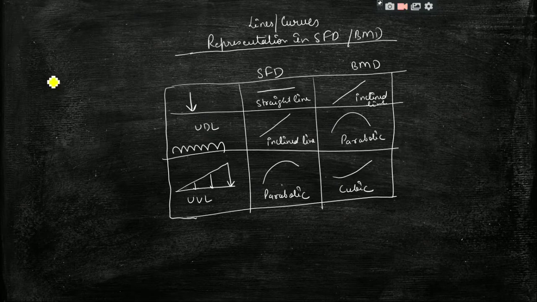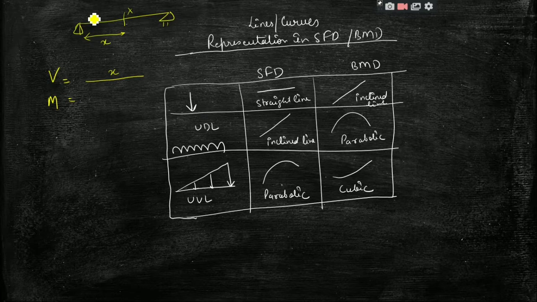Whenever we are solving either the shear force or bending moment, we will get an equation in terms of x, where x is the distance of the point from where we are calculating the shear force. Like if in this beam we are calculating shear force at this point, x will be this distance or this distance, depending on the direction which we are choosing.